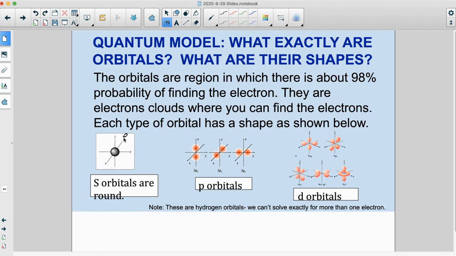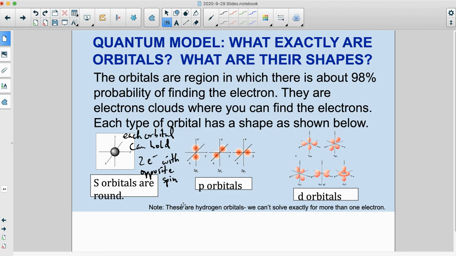But each orbital can hold 2 electrons, with opposite spin. And we're going to go into electron configuration in a moment.